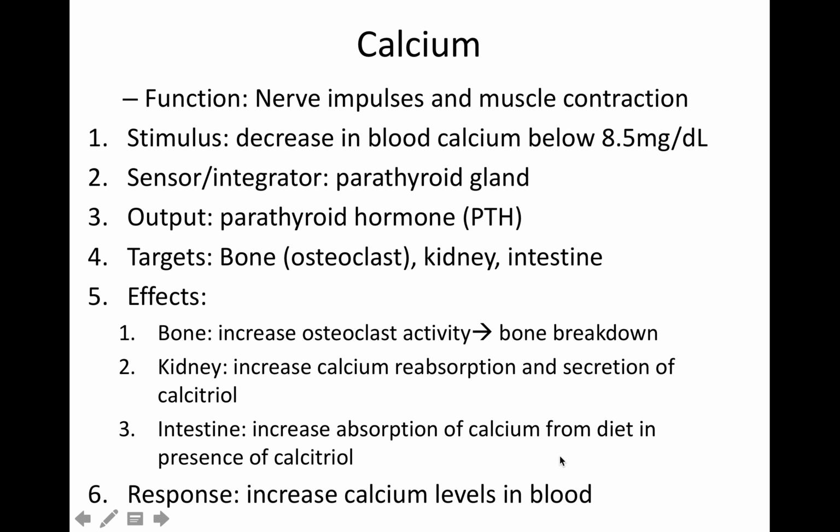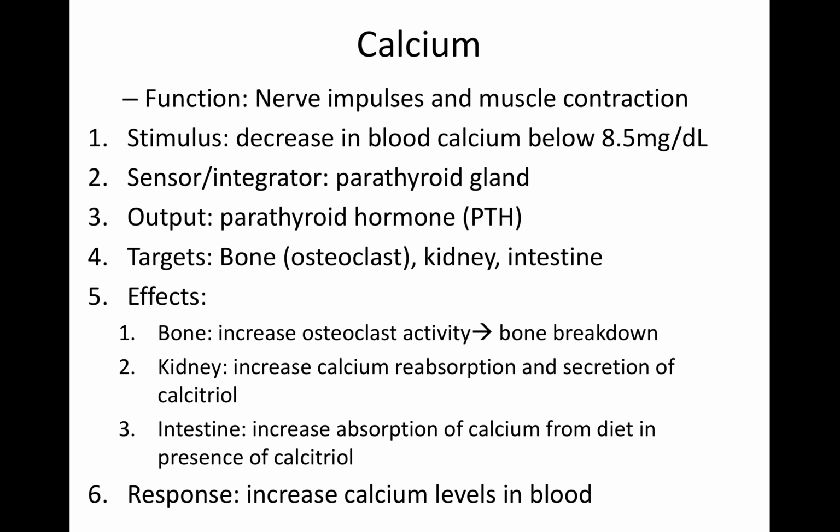So we're going to start by looking at calcium. Calcium is extremely important in functionality of your nerves and your cardiac muscle, and in general your muscle contraction. If you remember, we learned about homeostasis and maintaining homeostasis through a feedback loop. So in this case, we're looking at how the homeostatic feedback loop works for calcium.